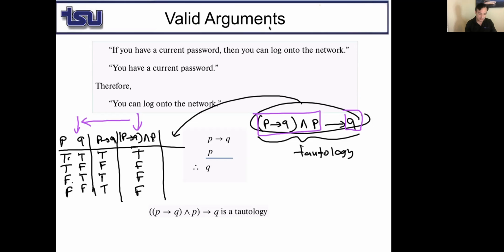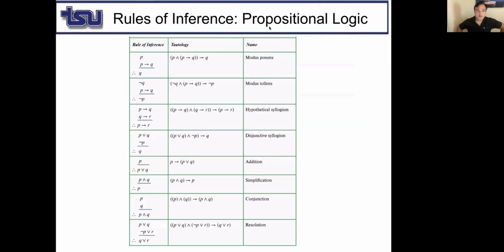So here, this is the premise, this is the conclusion. True to true is true, and these are false. No matter what Q is, if the premise is false, conditional statements will all be true. As you see, that's a tautology. So if P implies Q is true, and if P is true, then it should imply that Q must be true. So you get familiar with that.